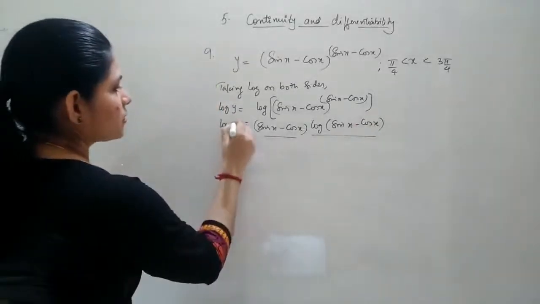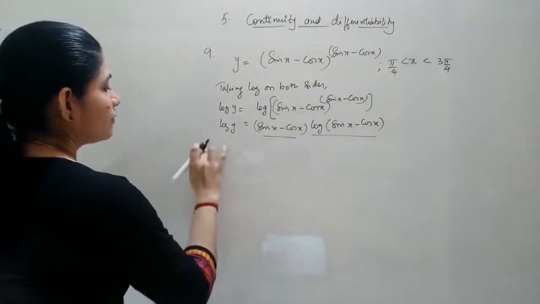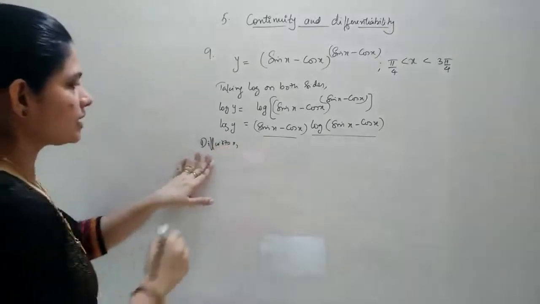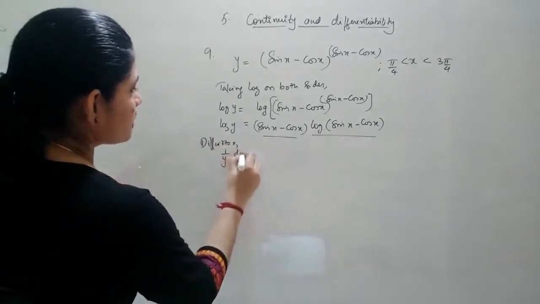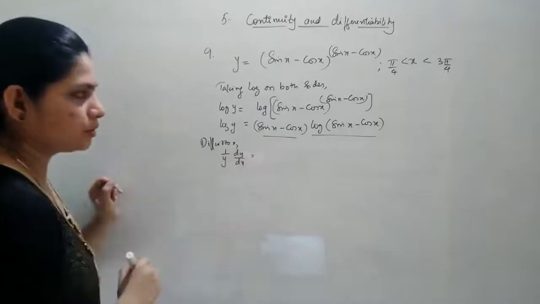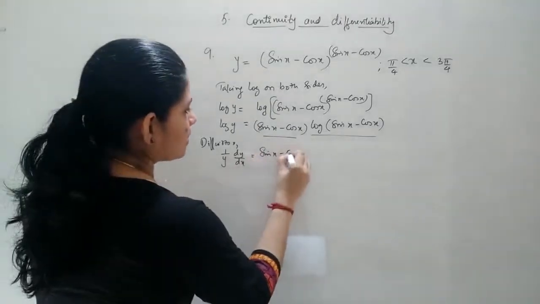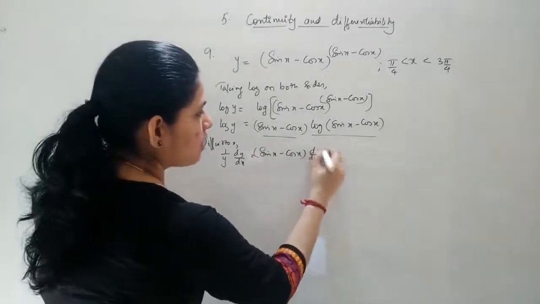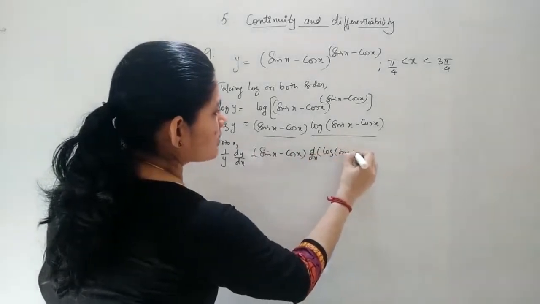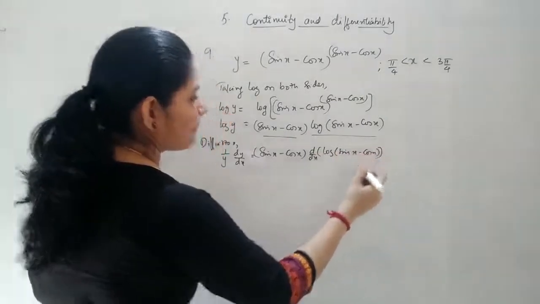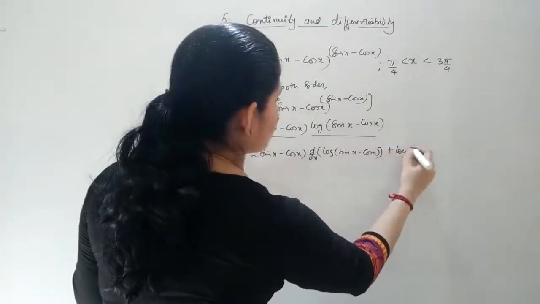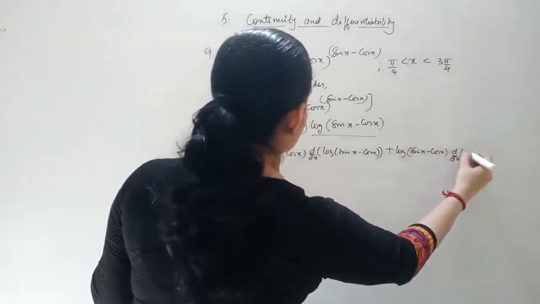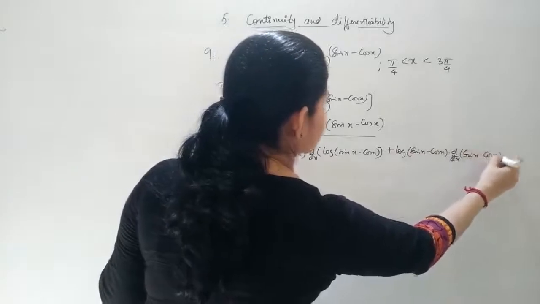Log y is equal to that. Now differentiating with respect to x, what you get? 1 by y into dy by dx is equal to sin x minus cos x, the first function, into the derivative of the second, d by dx of log of sin x minus cos x, plus log of sin x minus cos x into d by dx of sin x minus cos x.